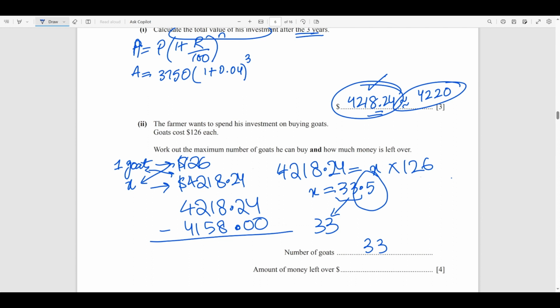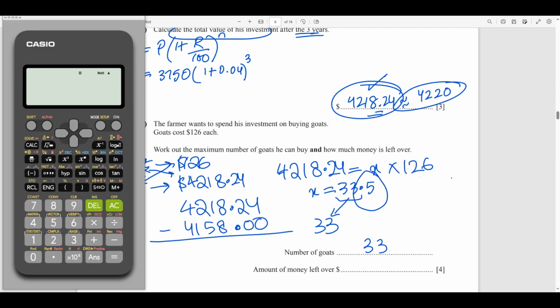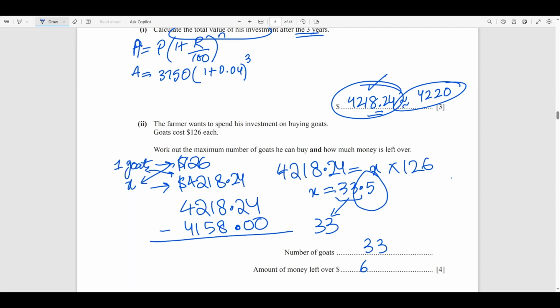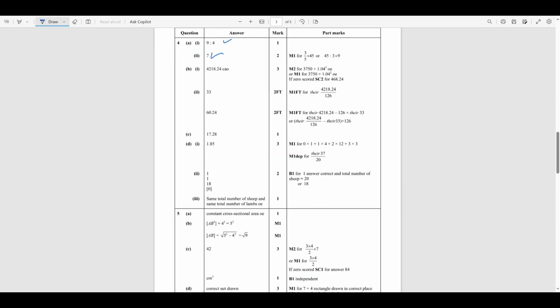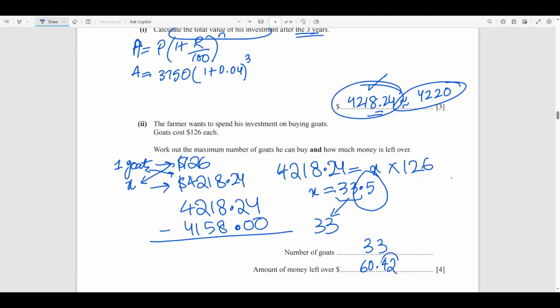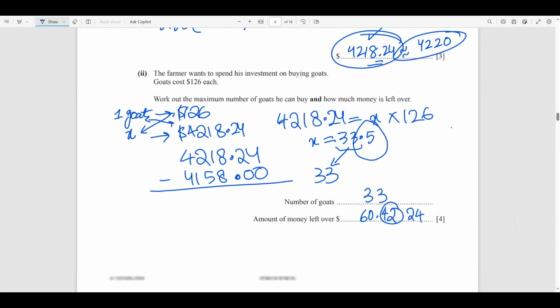So 4218.24 minus 4158 gives us $60.24. All right. Did I write 42? I'm sorry, it's just 24. Right.